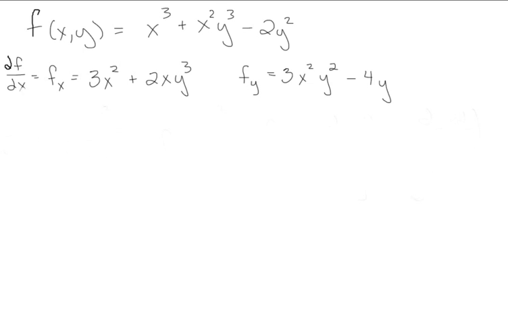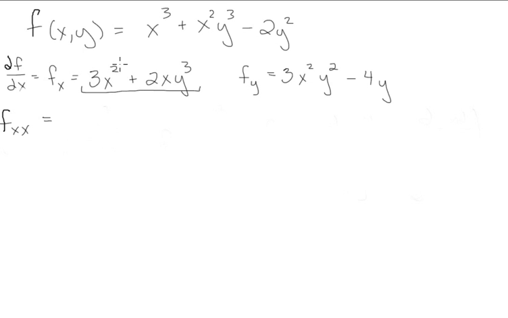Okay, so let's go ahead and take the second derivative with respect to x. I get f sub xx, and what that means is I've already taken the first derivative. I need to take the derivative of the first derivative. So this works exactly the same way as every derivative you've ever done before. You're just doing it a second time.